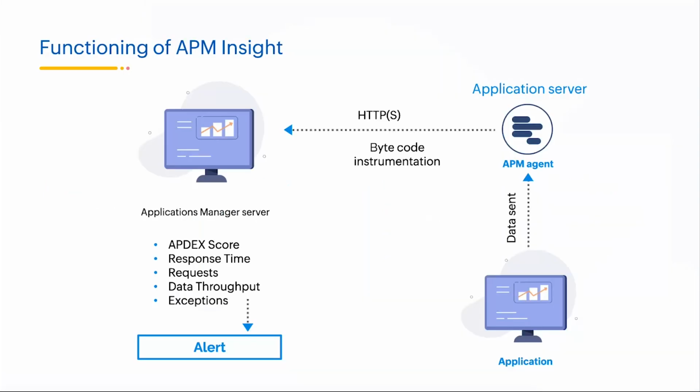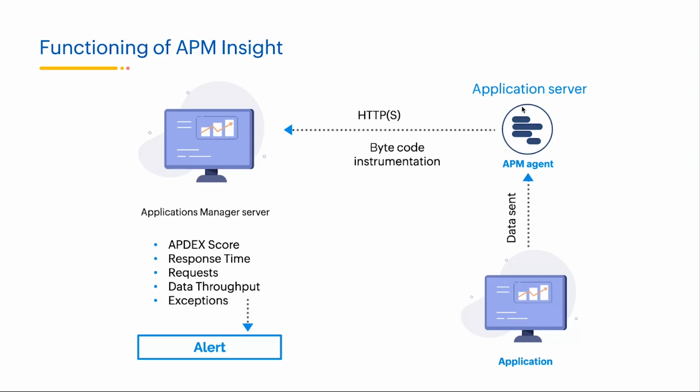So now let's look at how APM Insight works. So APM Insight is an agent-based tool designed to monitor application performance in real time. So the initial setup involves deploying an agent on the servers where your applications are running. So once it's installed, these agents begin collecting performance data and transmitting it to Applications Manager for centralized analysis.